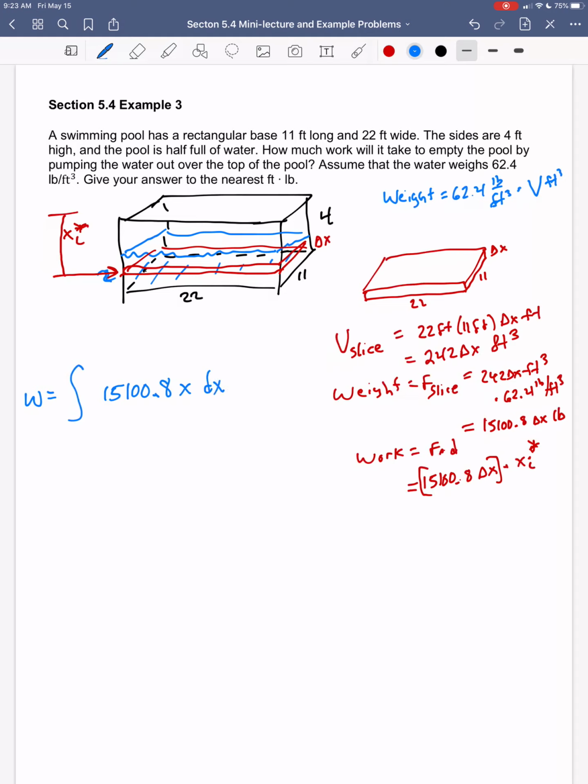The x sub i just becomes x, the delta x becomes dx. And what are my limits of integration? How far does x have to go? When I'm at the bottom of the pool, x is 4, right? The water at the bottom of the pool has to go up 4. When I'm at the top of the water level, x is 2. So my x has to go from 2 to 4.